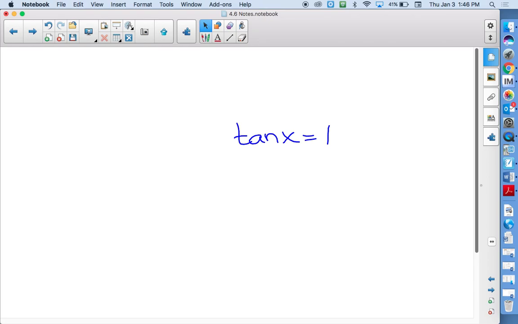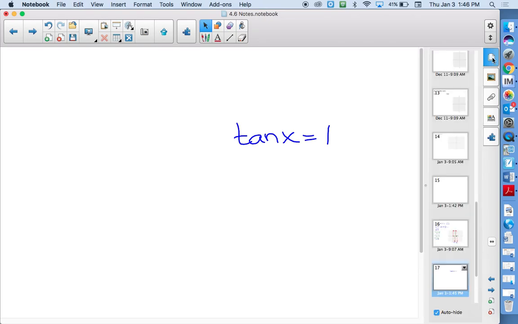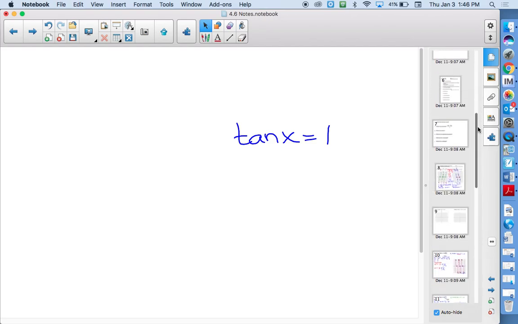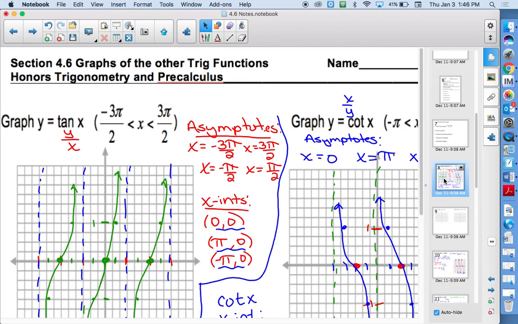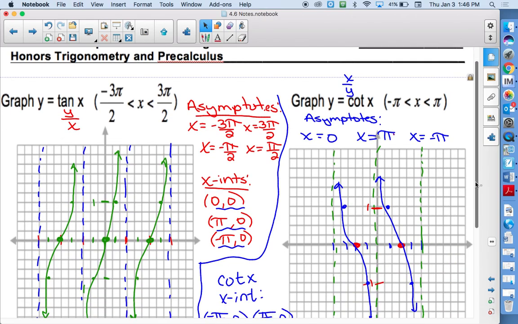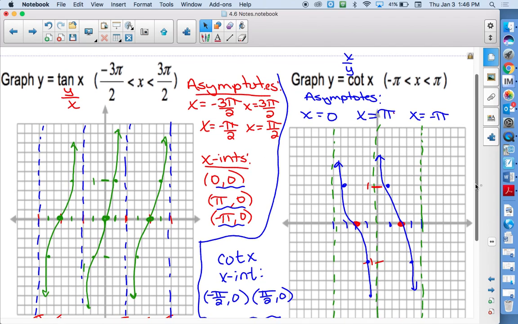So if you graph the regular tangent graph, which I'm going to steal instead of graphing it again, right here, here's our tangent graph that we graphed yesterday. Your goal is to find when the tangent is equal to 1. So we have a regular tangent graph. When it's equal to 1 would be these points right here.